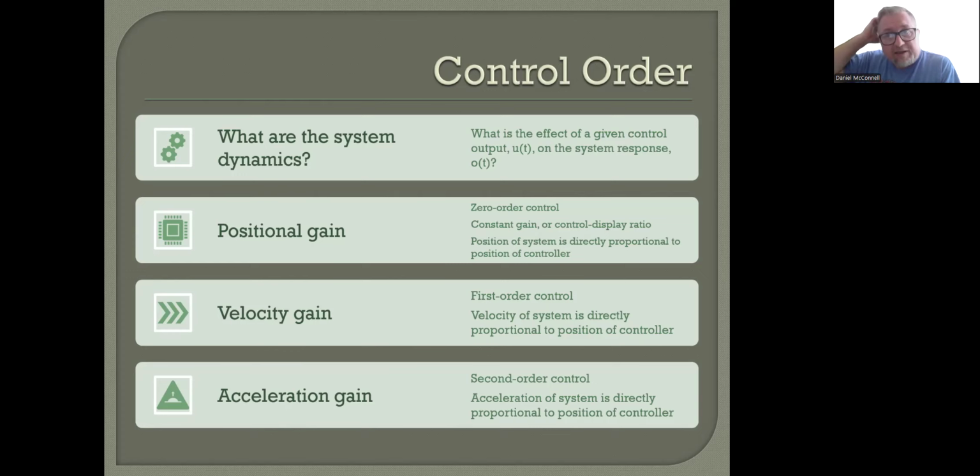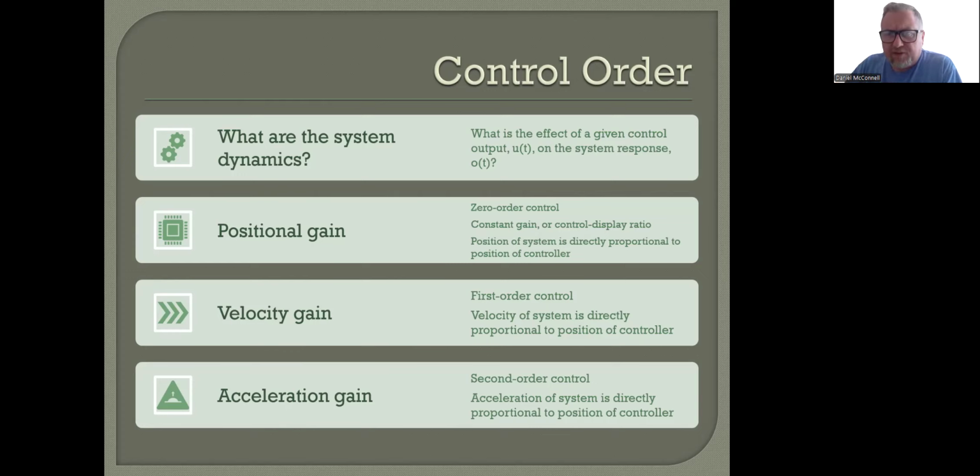So, like I talked about with a mouse, if you move the mouse 2 inches on your tabletop, the cursor moves 2 inches on screen. That's a direct relationship between position or change of position in one object corresponding directly to the position or change of position of the system, right?